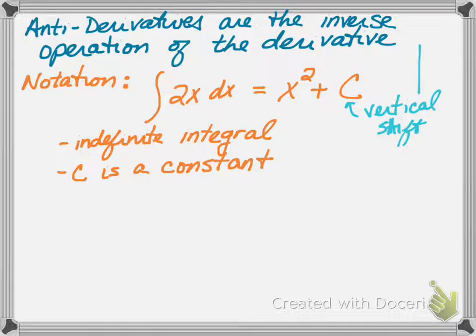The slope remains the same whether my graph went through 0, 0 or my graph went through 0, 2, something like that. The slopes are the same in corresponding parts, and so it really doesn't matter what this plus c is, but we always put it in unless we are given more information about our original graph.